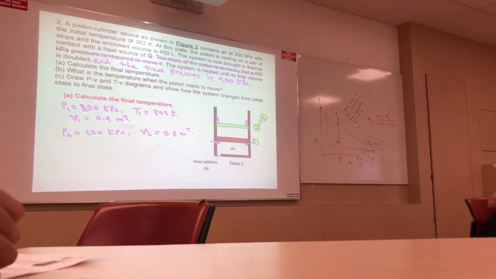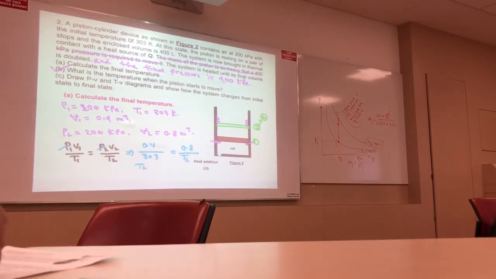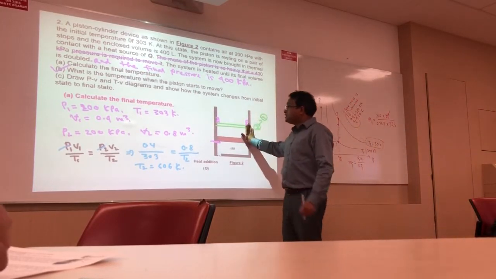T2 is the intermediate temperature. Then V1 by T1 equals V2 by T2. So P1, P2 cancel. V1 is 0.4, T1 is 303, 0.8, T2. T2 is 606 Kelvin. So this is the intermediate temperature.